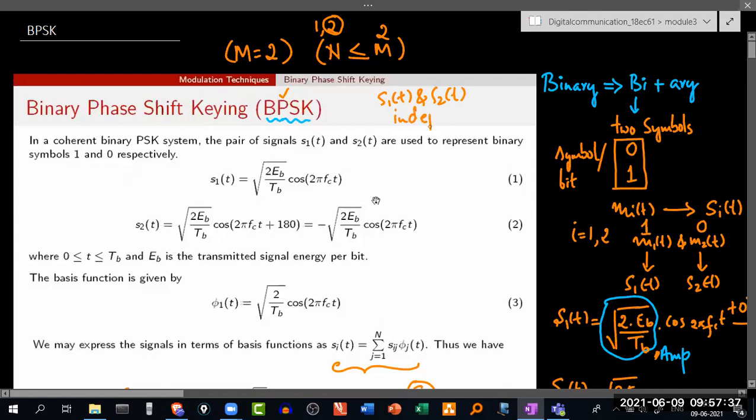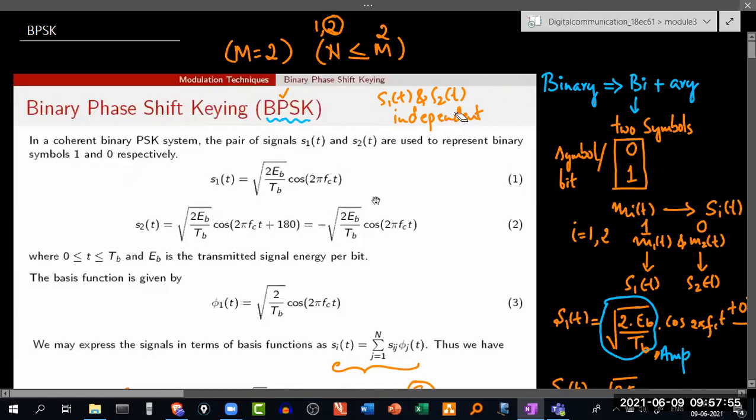If they are independent, we should have used n equal to 2. But are these two signals independent of each other?